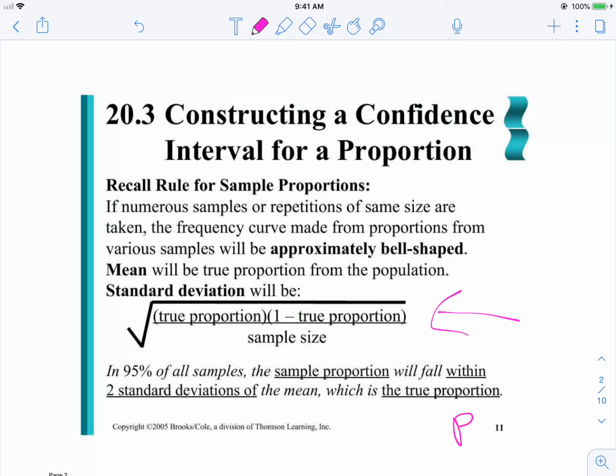One standard deviation above and below would be 68%, 3 standard deviations would be 99.7% confident, but 95% is a good compromise, a good balance of those two. It's a high level of confidence, and it's a decently wide margin of error. We'll talk more about that at the end of the lesson today.